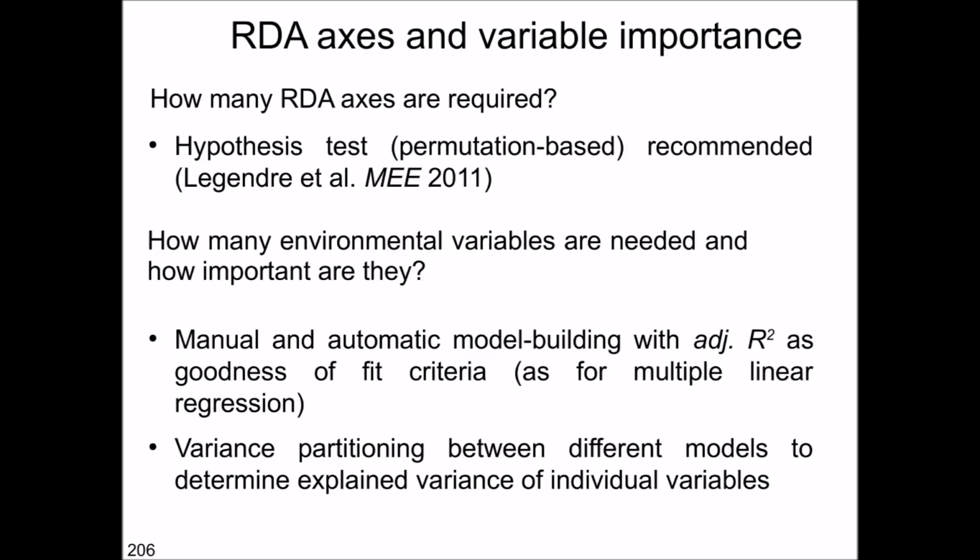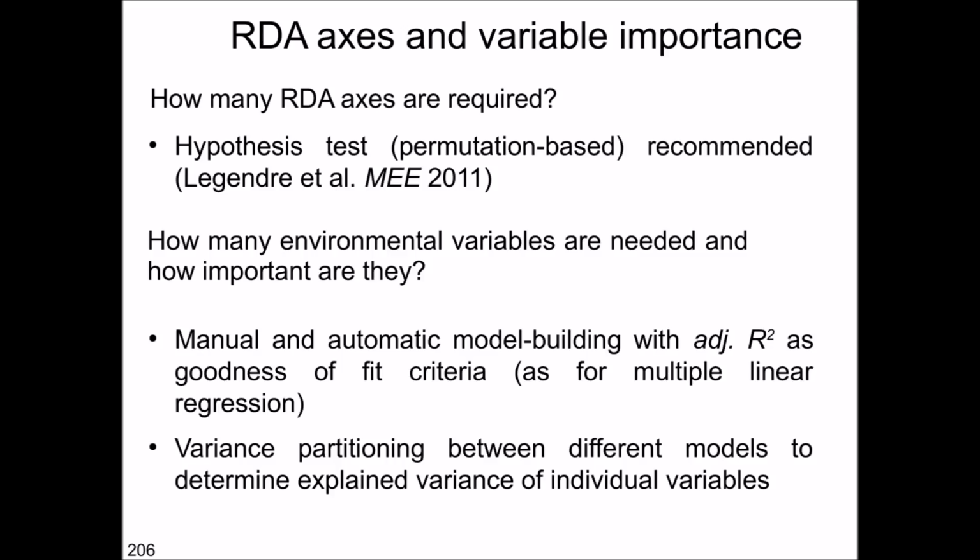And another question is, how many environmental variables are really needed and how important are they? On the one hand, to tackle how many environmental variables are needed, this is the same question that we have faced in the context of multiple linear regression analysis.